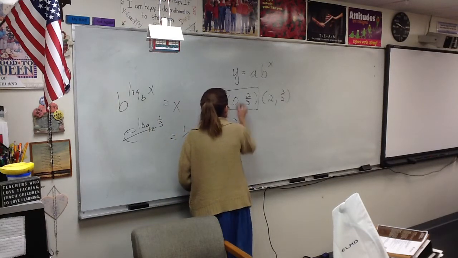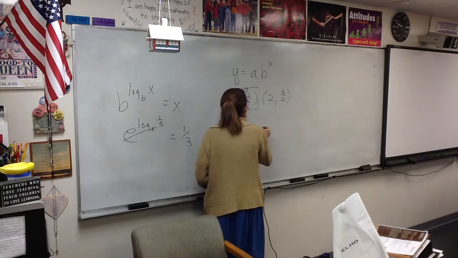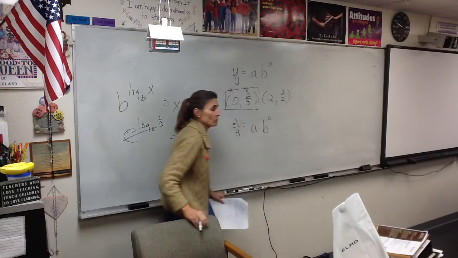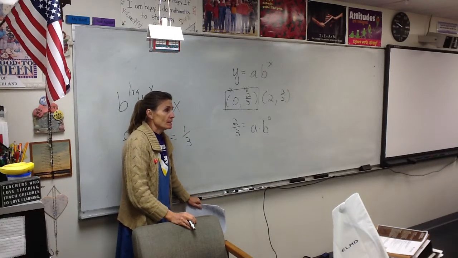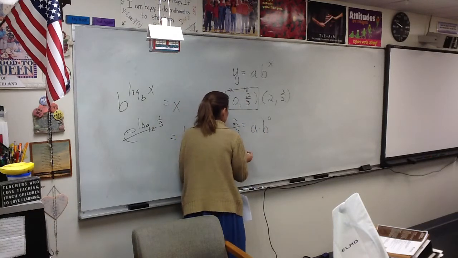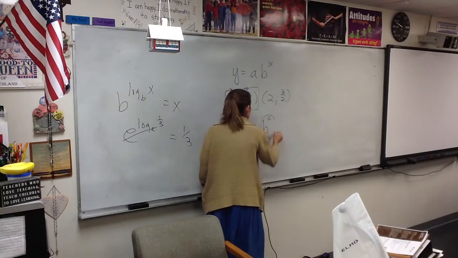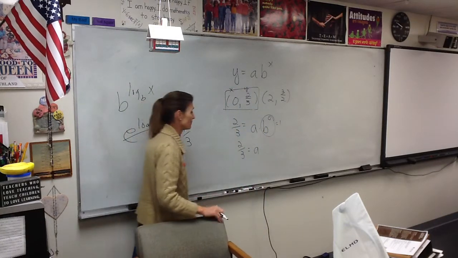So 2/3, this is x, this is y. 2/3 equals a times b to the 0. But b to the 0 is 1. So 2/3 equals a, because anything to the 0 power equals 1.